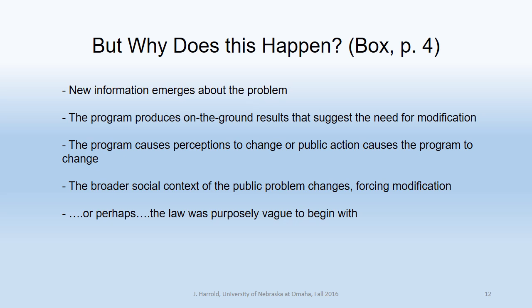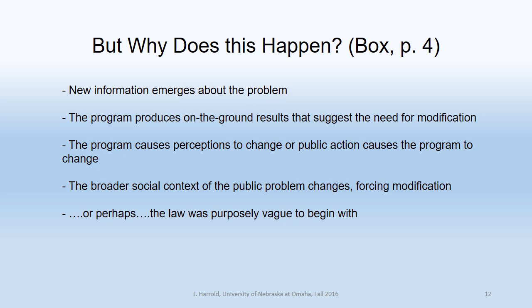So why does this happen? Why this idea of contextual public administration, and why this idea of instrumental public administration? What happens when new information emerges about the problem that the public administrator is addressing? Box uses this example of homelessness.